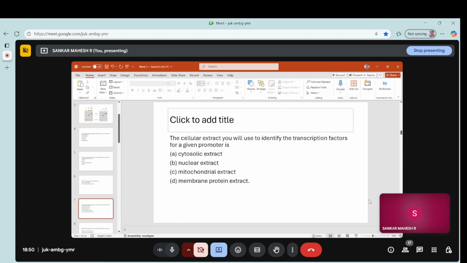Right. So mitochondria is an organelle and it has its own DNA. So possibly transcription can happen there. That's also true. Which is why I told more than one option is correct here, depending on what your system is. Right. Good.